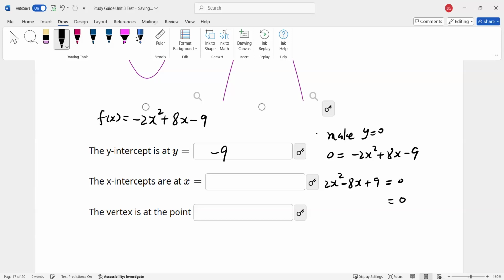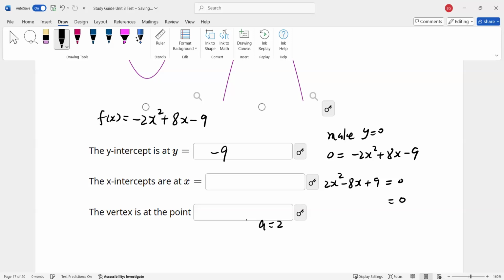And let's factor. We have the factors of 9: 1, 3, negative 3, negative 1... hold on. Let me check the delta here, all right?